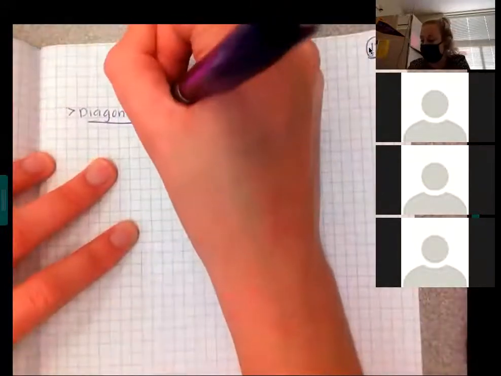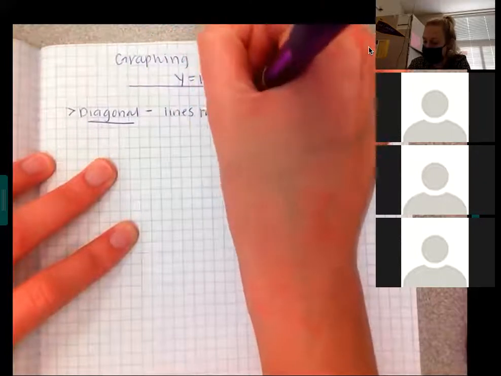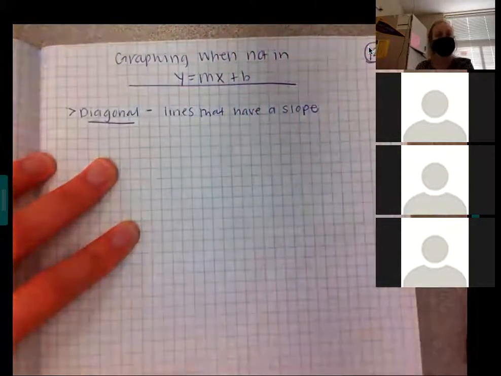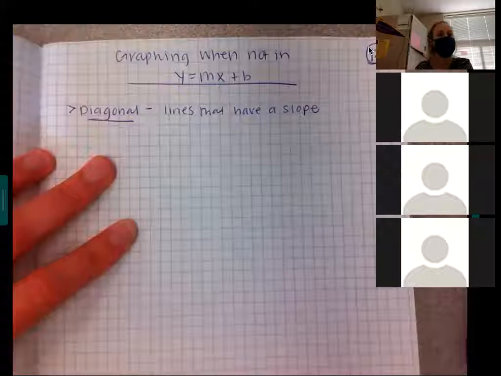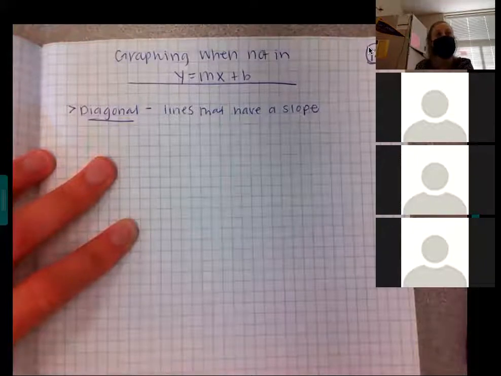So diagonal lines are lines that have a slope. Because remember from yesterday and from Monday and from Friday, a slope is a rise over run.